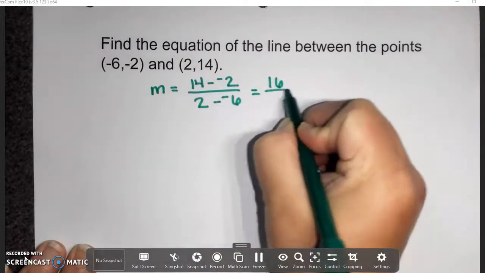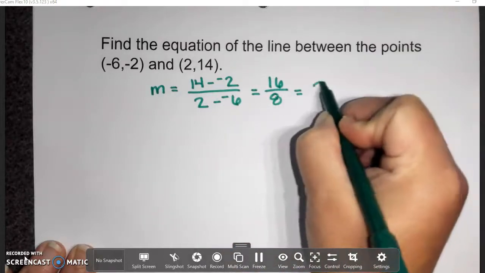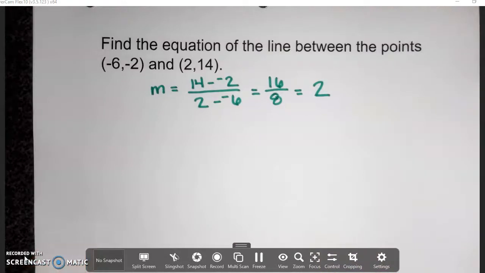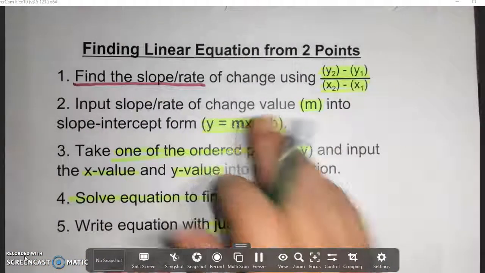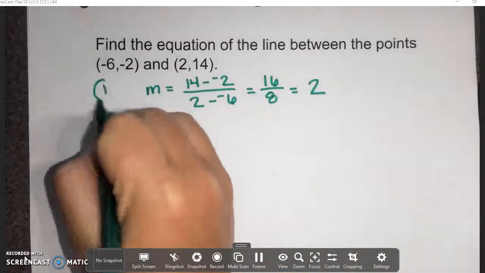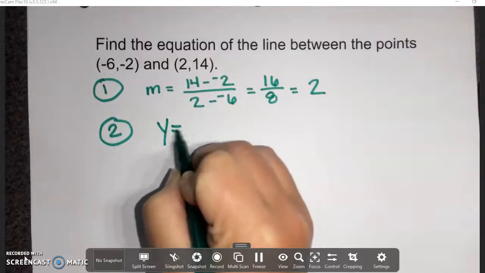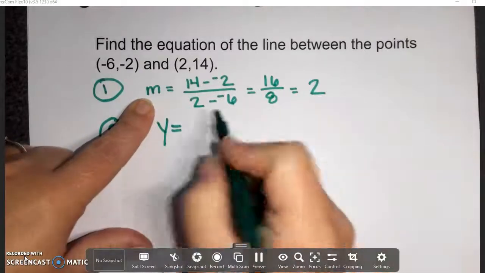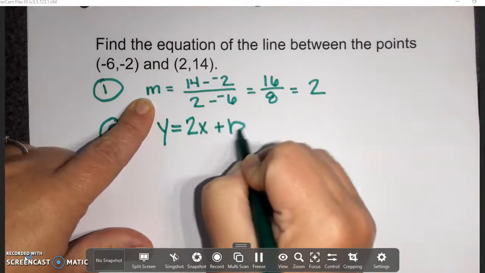That's 16 over 8, which is 2. Okay? Then you're going to put that in to slope-intercept form. So this was our step 1. Step 2 is we have y equals m, this is where we get it, x plus b.